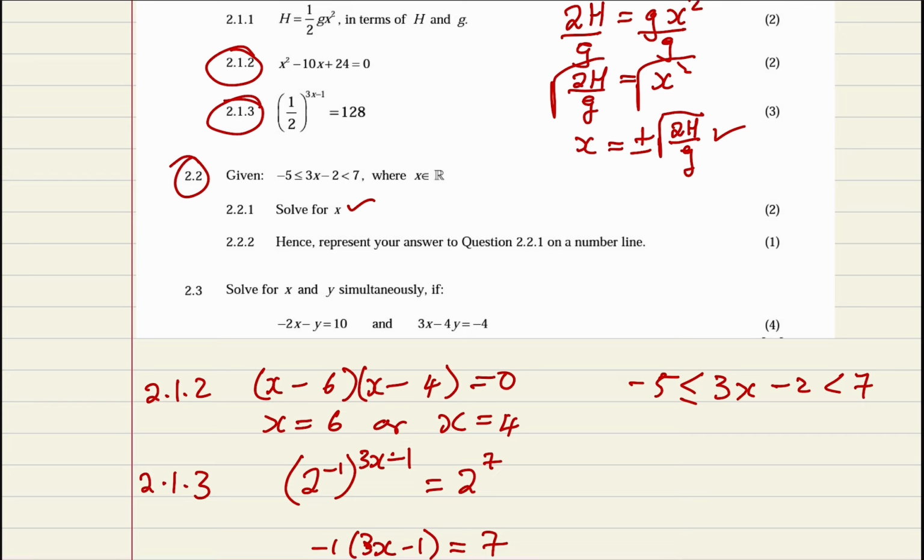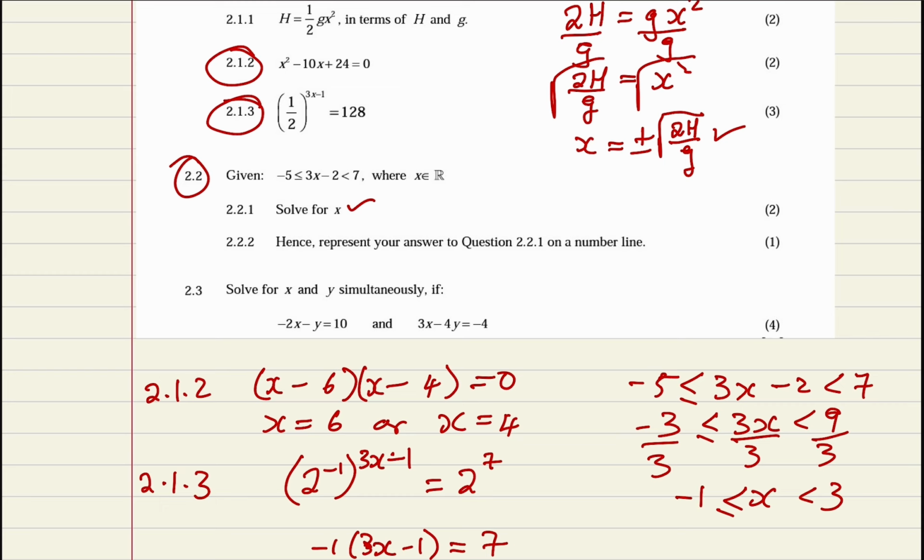Take 2 to the other side. I'm left inside with 3x, then this side it will be 9 and this side it will be negative 3. Then I divide by 3 throughout. Then x is now between negative 1 and 3.